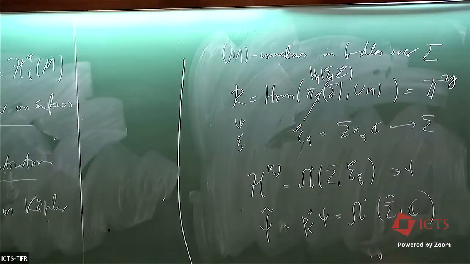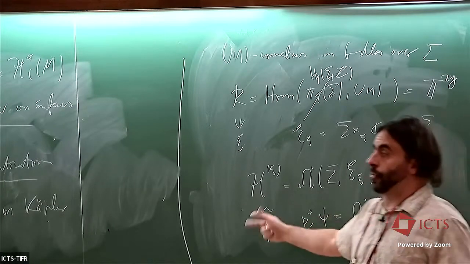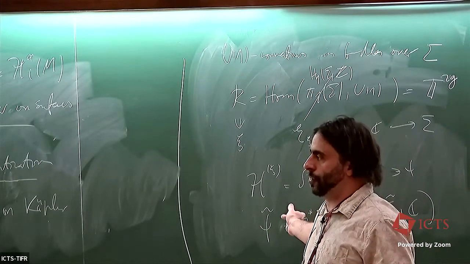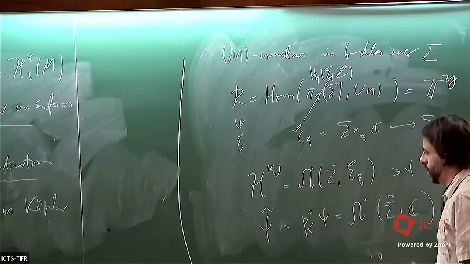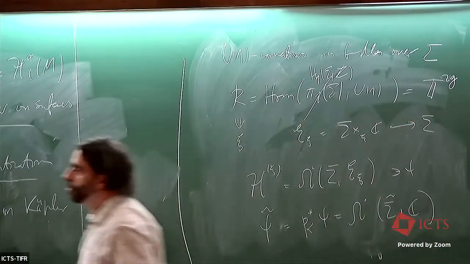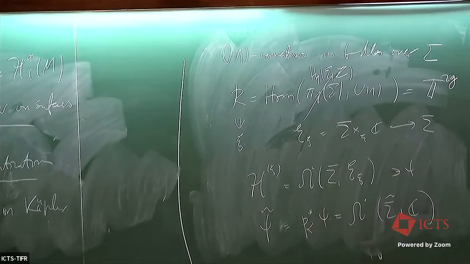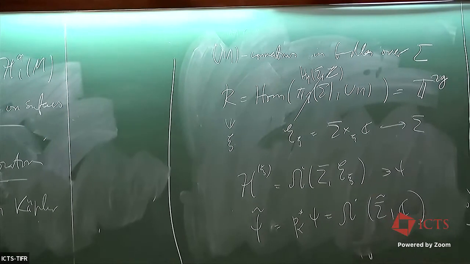But now you run into problems, because of course you need to have an inner product. You want to consider a norm, and then you have a problem with divergences that you can regularize in different ways. One possible way is to do what people do in elementary quantum mechanics when they deal with plane waves.